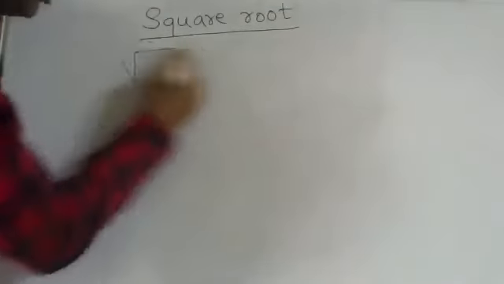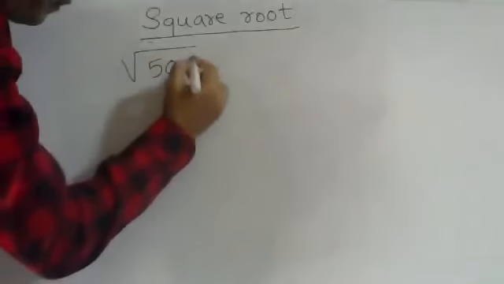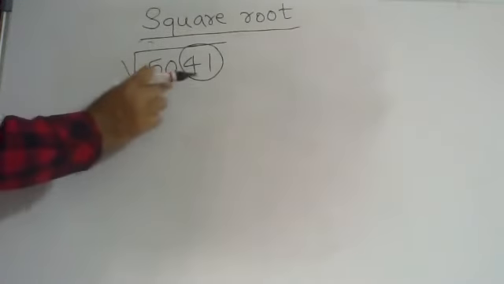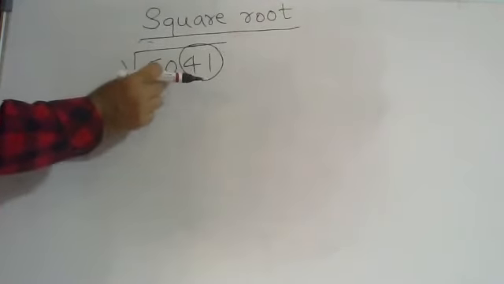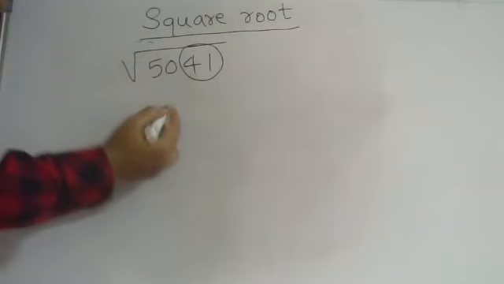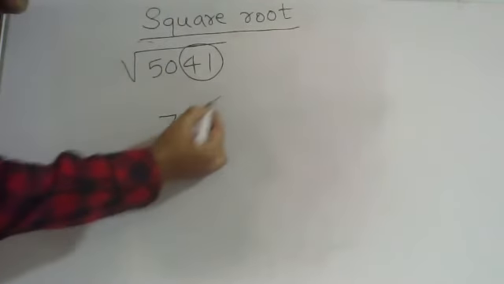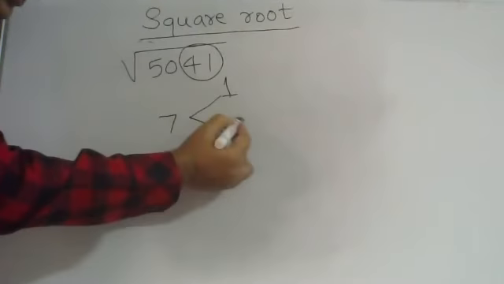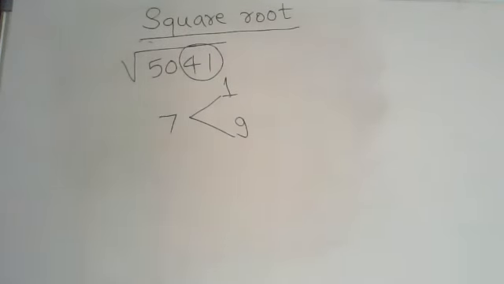Square root of 5041. Taking two numbers at one side, 50. The square near to 50 is 49, that is 7. 1 square is 1, or 9 square 81.